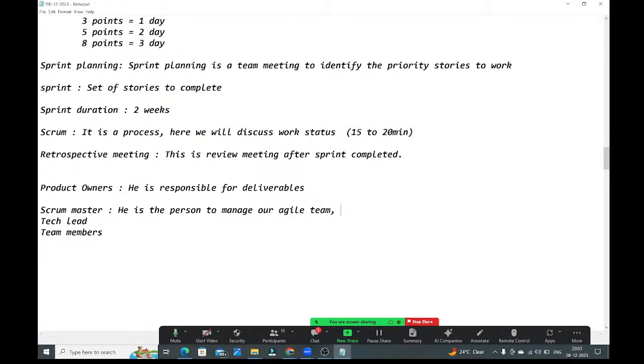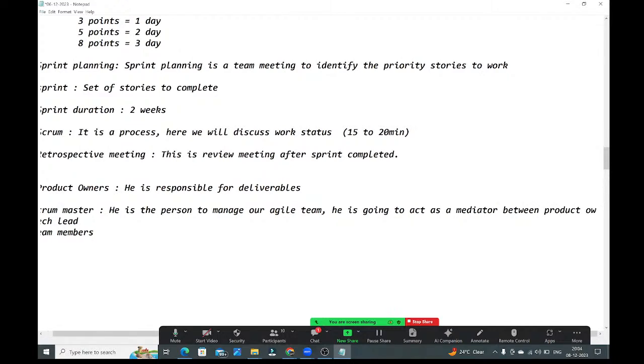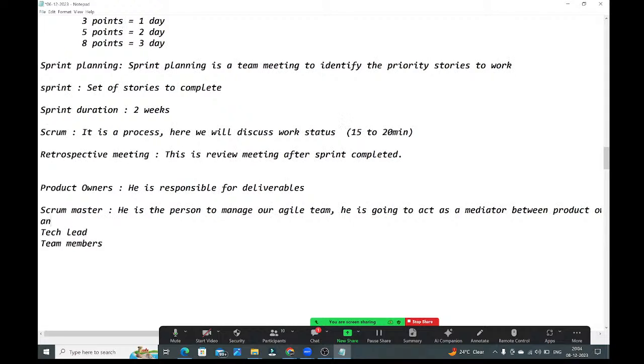He is going to act as a mediator between the product owner and the agile team, guys. Okay, next we have the team lead, guys.